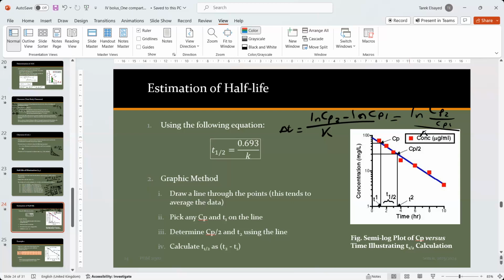And if you get the ln of 2, it is equal to 0.693. Okay? So this value is ln 2.